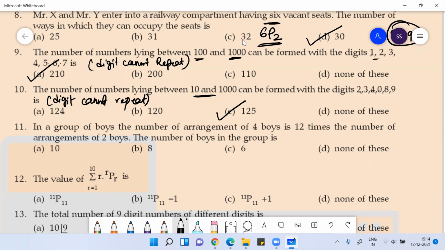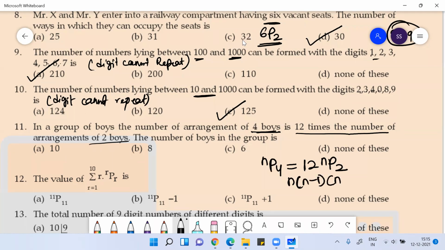So if you see this 11th one, in a group of boys, the number of arrangements of 4 boys is 12 times the number of arrangements of 2 boys. What is the total number of boys? This is what you need to do. n into n minus 1 into n minus 2 into n minus 3 is equal to 12.